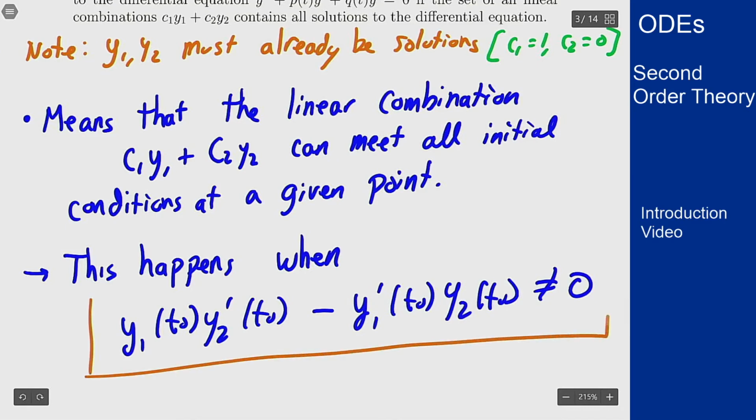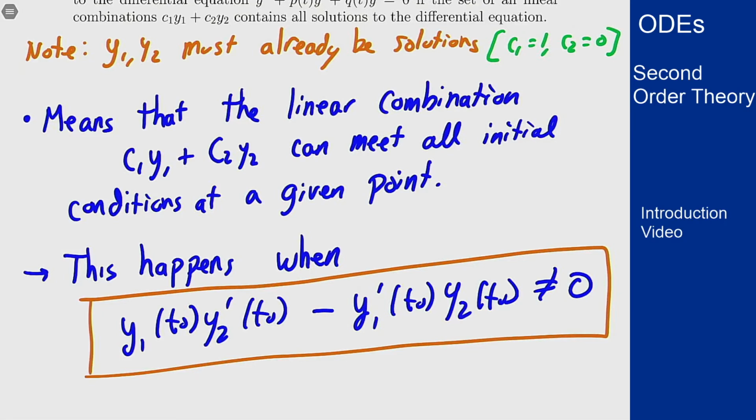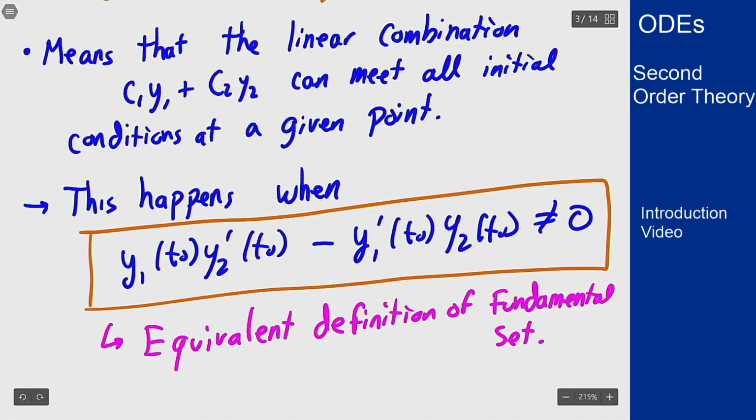That gives us enough information to solve for the c1 and c2 to meet the given initial condition that we want. So as long as this is not 0, I can meet any initial condition that I want at the point t0. This is another definition to use for this fundamental set of solutions.